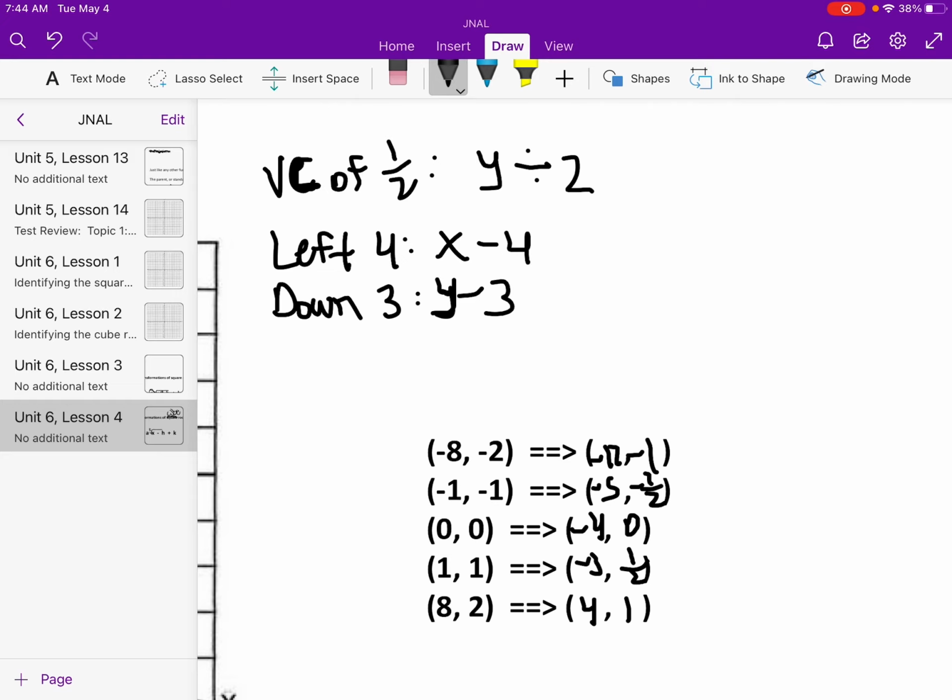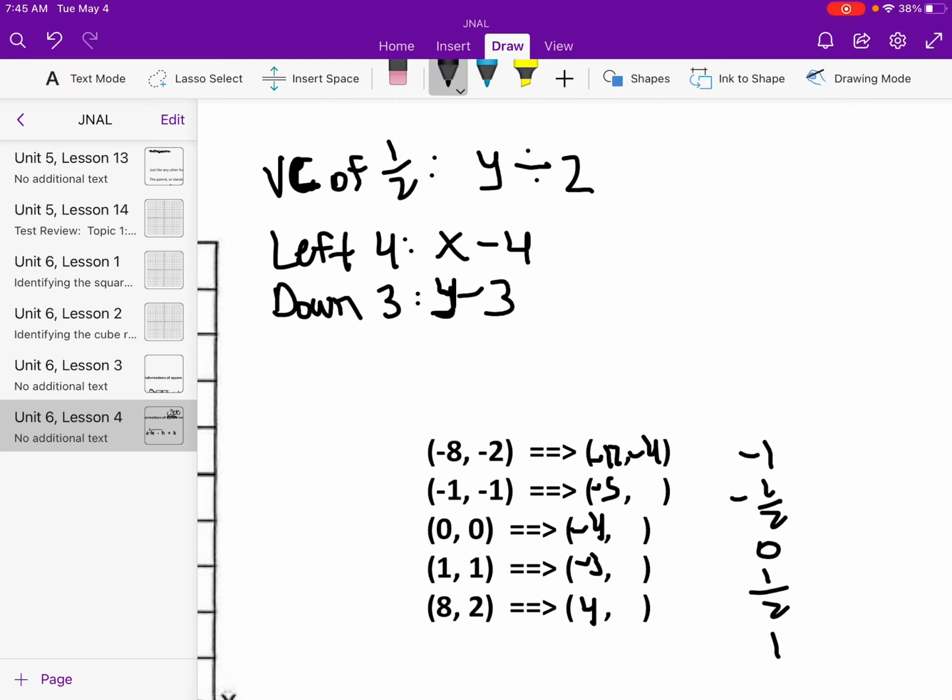Now from that we need to subtract 3 from the y's. I'm going to write what these values are so I don't forget. 1 minus 3, negative 1 minus 3 is negative 4.